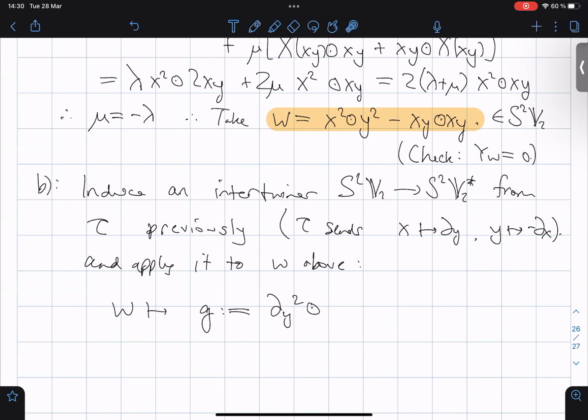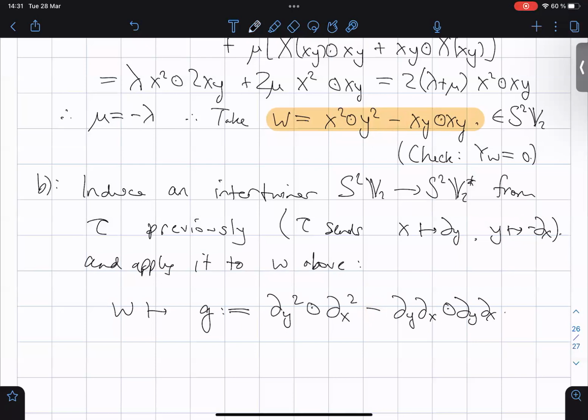Y squared, well, y gets sent to minus partial x, but then I have to square it. So you're going to get partial x all squared. And then keep going. Over here, this minus sign will introduce a minus sign on this, but then it's going to get compensated by another minus sign, so those are going to cancel. So I just had this minus sign over here.